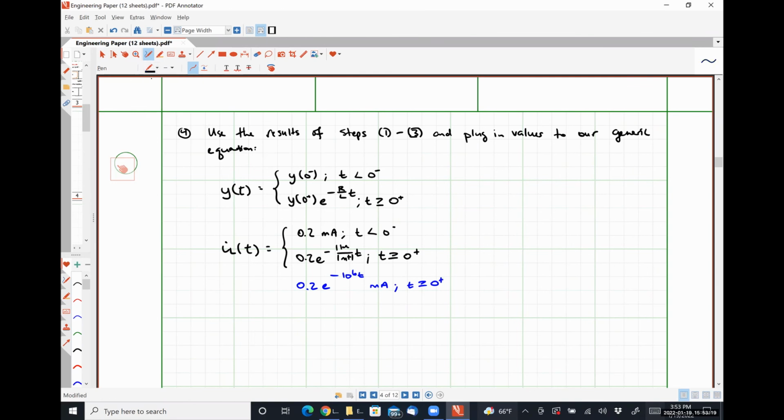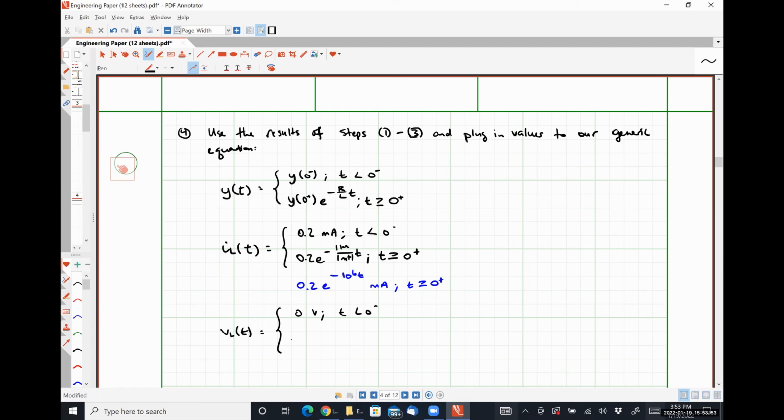What about our voltage, VL of t? We can do the exact same thing, right? So our voltage at t is equal to 0 minus was what? Look back a page or two. 0 volts. What was our voltage at t is equal to 0 plus?